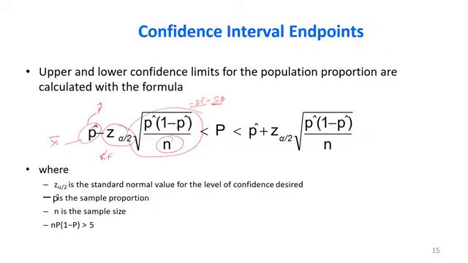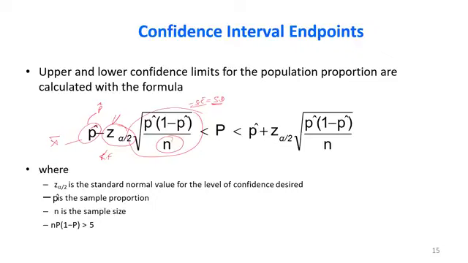Okay, now this is the formula which we have used for population proportion. That's all. And this we know how to calculate, right? We have to refer to the Z table, and if the alpha is given, then based on the alpha, we have to find out the Z score.